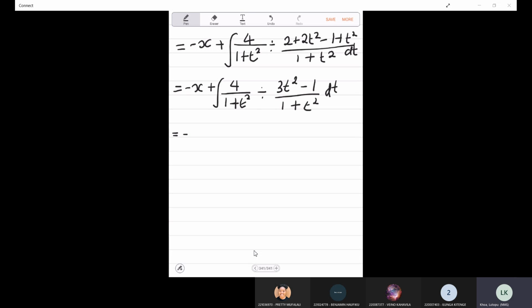Which is minus x plus the integral of 4 over 3t squared plus 1 dt. Okay, so here our form, we should be thinking of the hyperbolic tan inverse, because we have something squared minus 1.